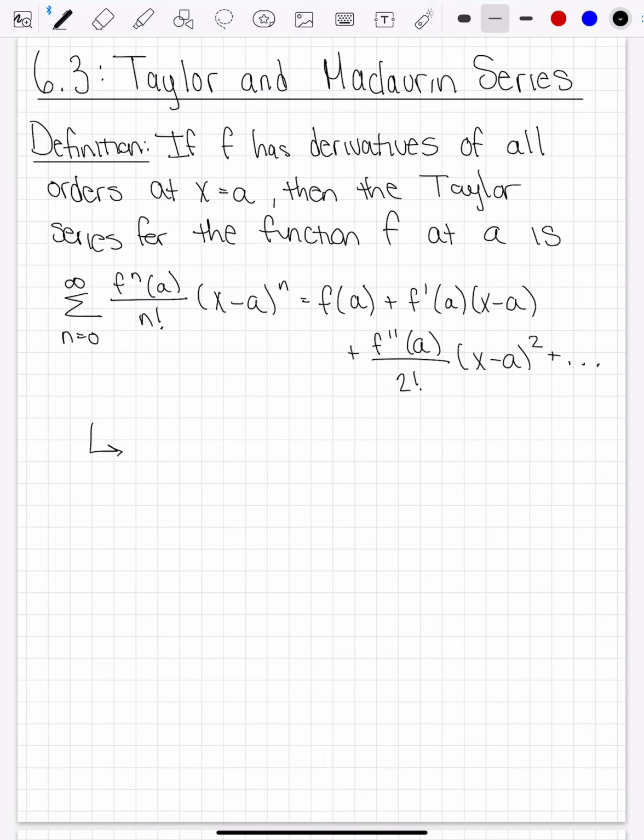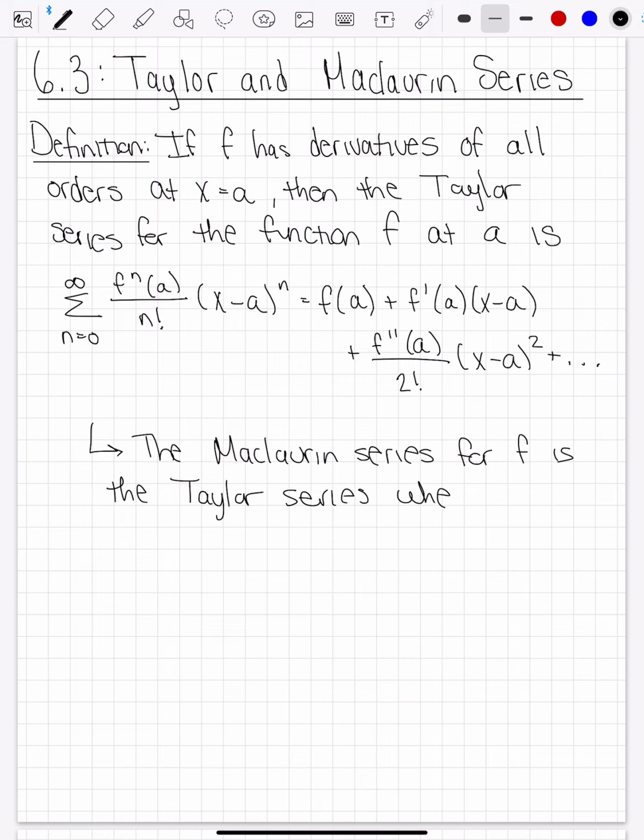And then the Maclaurin series for f is the Taylor series when a is 0.